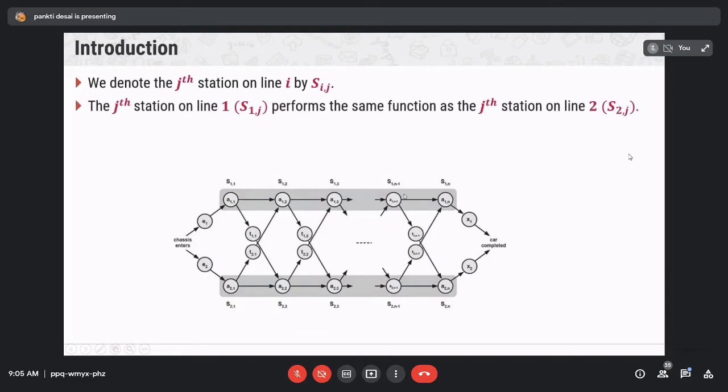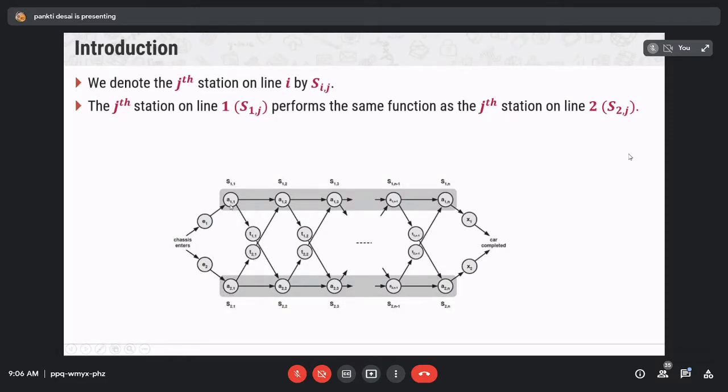Then the jth station on line 1 performs the same function as the jth station on line 2. This station performs the same function as this station.